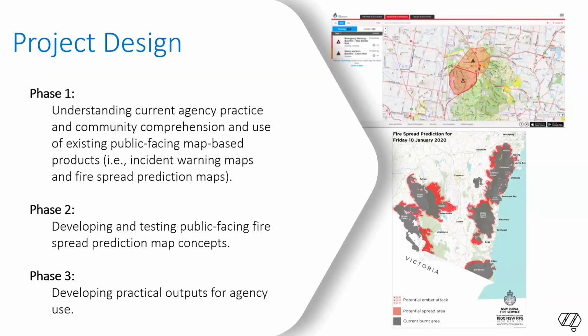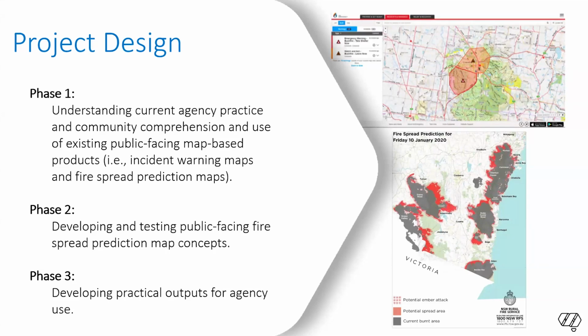The way we've designed the project is in 3 phases. In the first phase, it's really important that we understand the current status quo in terms of current agency practice and community comprehension and use of existing public-facing map products during an emergency. We don't want to go off and develop predictions without taking into consideration the ecosystem of information that already exists and what the role of these predictions might best be in the future.